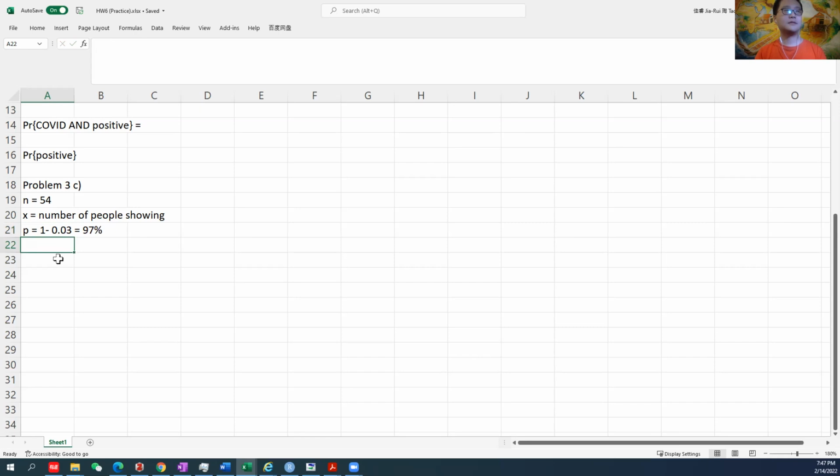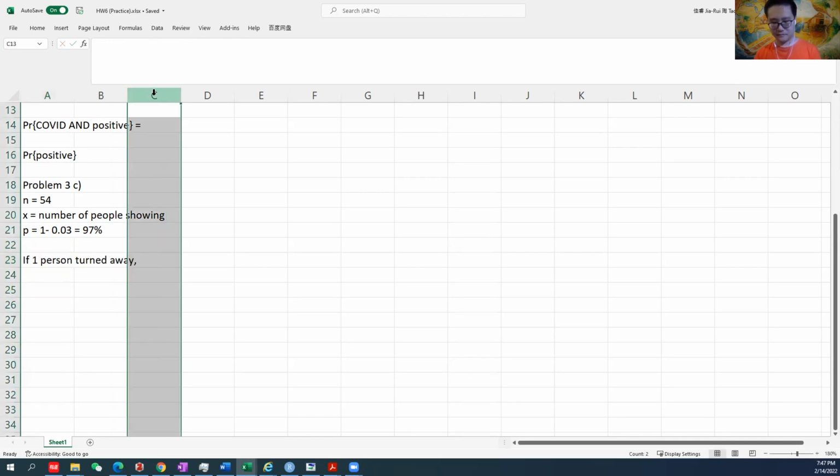Then let's see what part C requests. If there's one person turned away, then how much does the hotel pay for such an occasion?